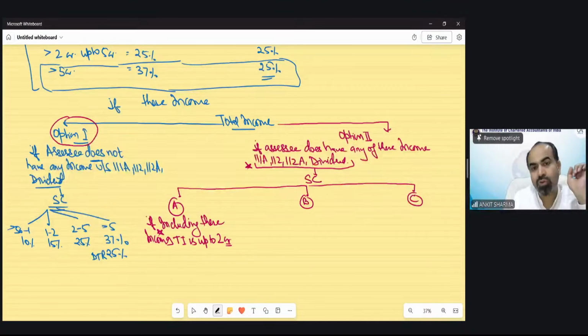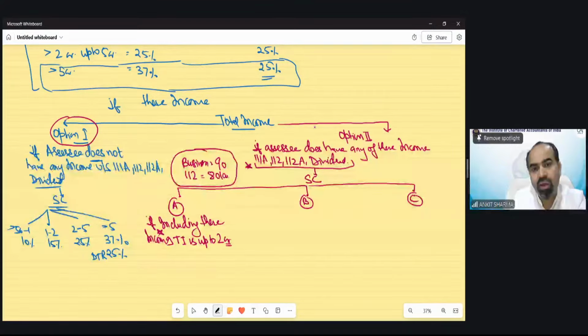That means suppose you have business income of 90 lakh rupees and section 112 income is 80 lakh rupees. So this example will fall in A category because your income is up to 2 crore rupees after including this income.